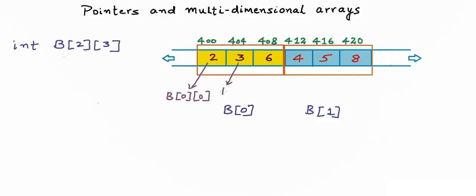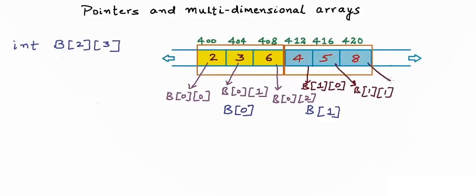The next integer that can be accessed as B01, 1th element of B0, will take next 4 bytes starting 404, and the next one will be B02, element at index 2 of B0, and similarly we will have 4 bytes for 0th element of B1, 4 bytes for 1th element, and 4 bytes for element at index 2 of B1.